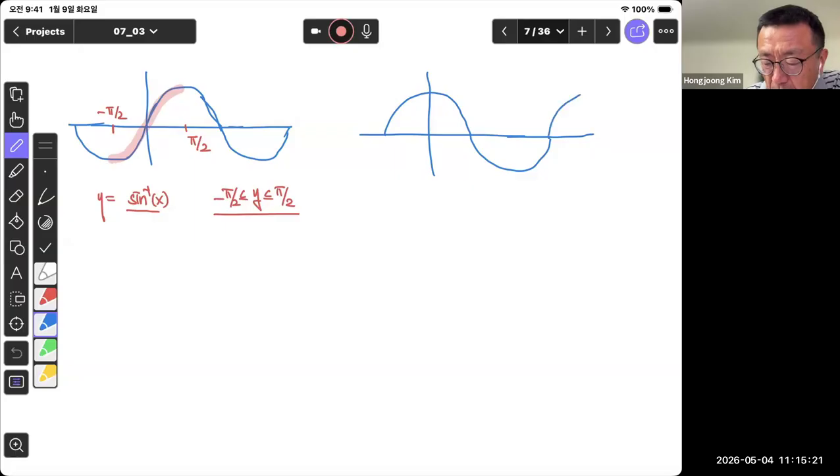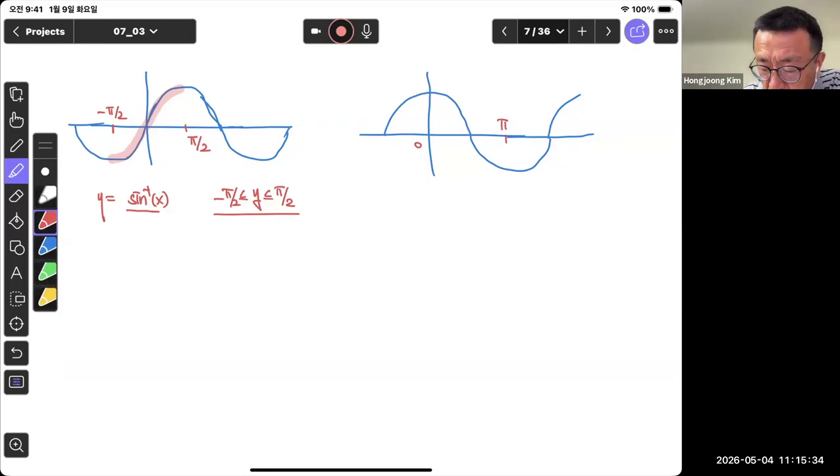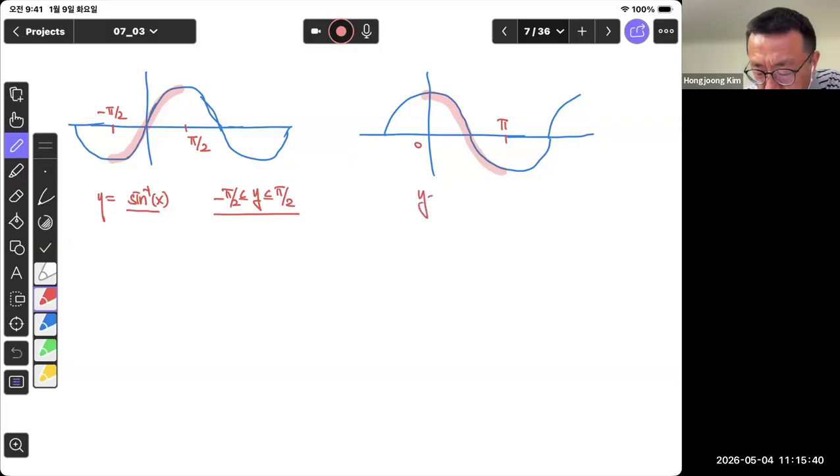It is not one-to-one, so we cannot think of its inverse. However, if I restrict the angle from 0 to pi only, then the function becomes one-to-one, and we can think of its inverse function. So in that case, the angle is between 0 and pi.